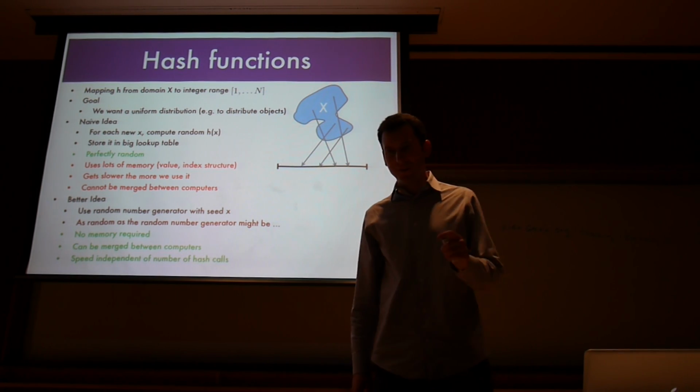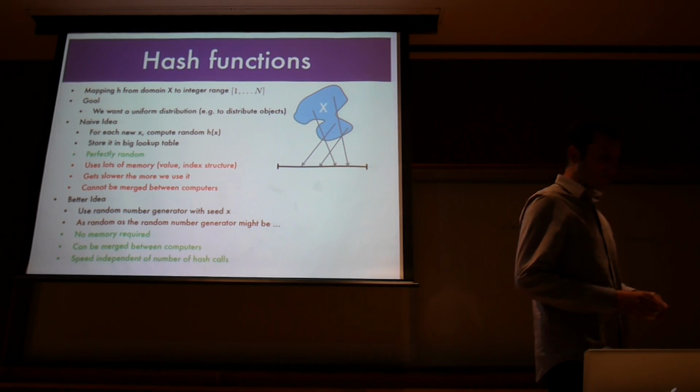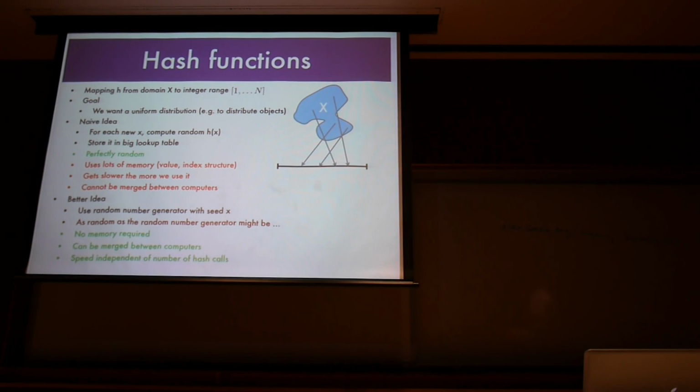Yep. Very good question. So let's do something very, very back of the envelope. So who knows of the birthday paradox? Okay, good. So if you know that, then you already know how to pick n.